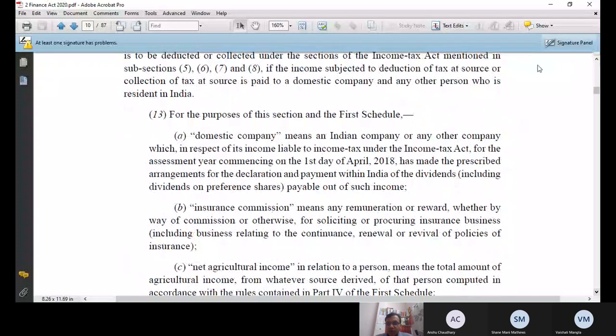So let me again share the Word file and let me solve some examples for you. Not some examples, only one example I will solve that will wind up the agricultural income taxability.